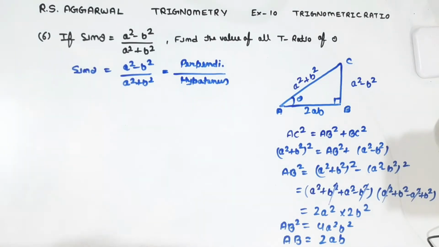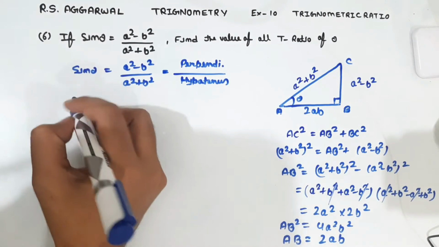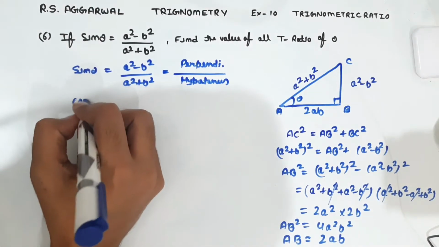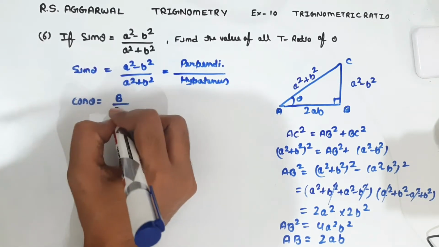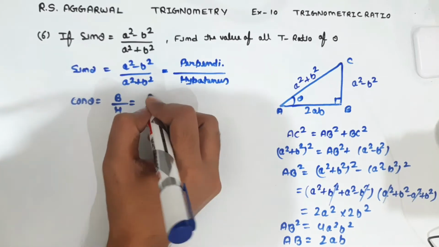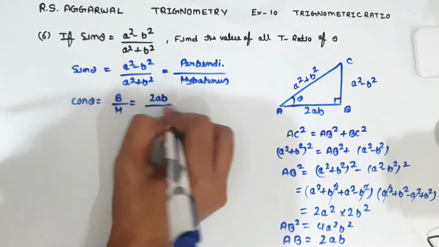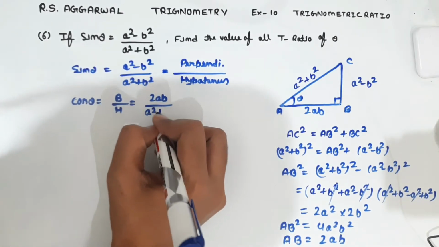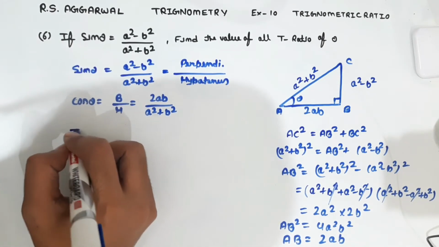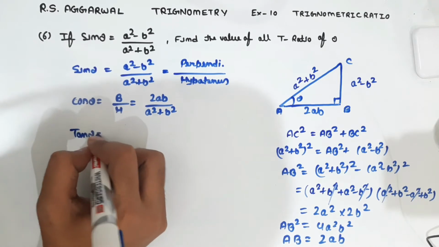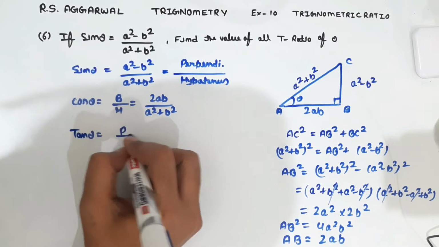So second trigonometric ratio, that is cos theta, which is given by base upon hypotenuse. So base is 2ab and hypotenuse is a square plus b square. Then third trigonometric ratio, that is tan theta, which is given by perpendicular upon base.